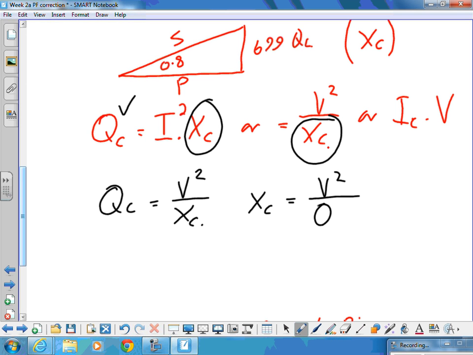V squared over QC. What was the voltage now? 200 squared over 901. What will that come out as?